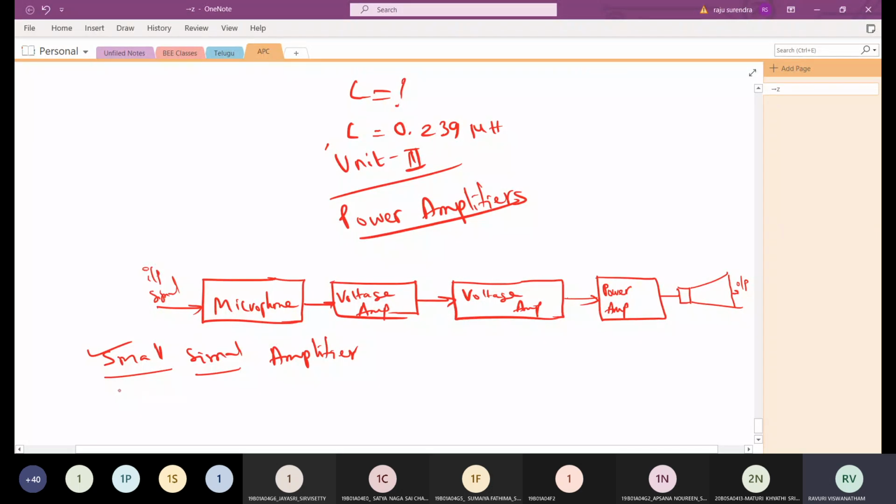So it means that whatever input signal is applied, it may be microvolts or millivolts.